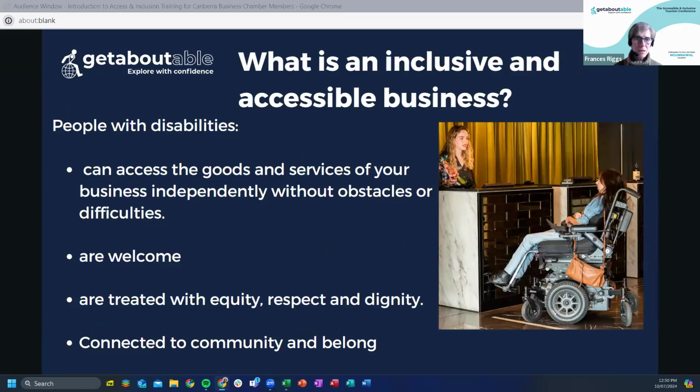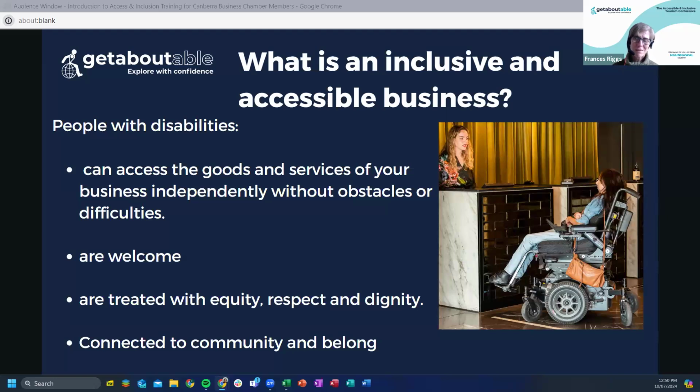So what is an inclusive and accessible business? Being an inclusive and accessible business simply means ensuring your goods and services are accessible to all people regardless of their physical limitations, disabilities or age. An inclusive and accessible business enables people with disability to access your goods and services independently without obstacles or difficulties.